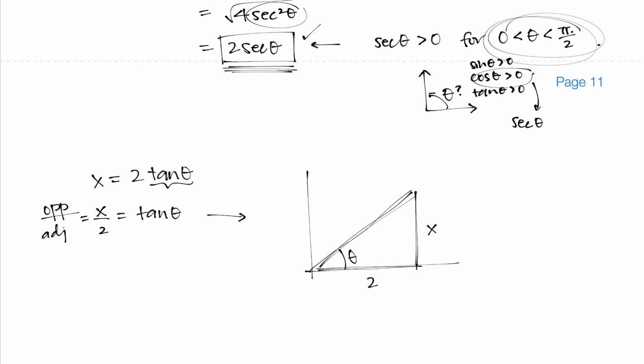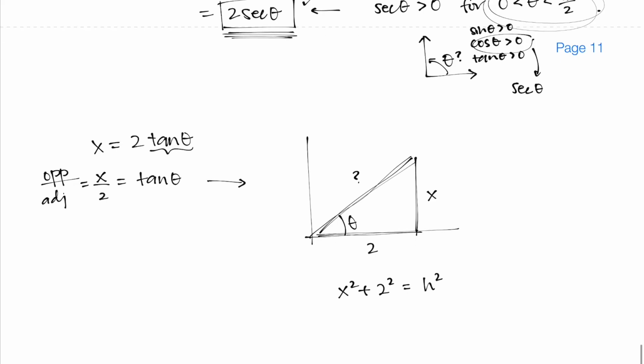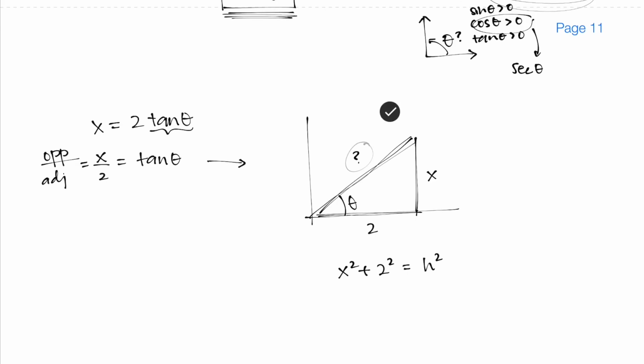So we're going to write this down as x over 2. This missing side can be found by taking x squared and adding it to 2 squared, and that's going to be the hypotenuse squared. So we're using the Pythagorean theorem to figure out the size of the hypotenuse. What's the value there?